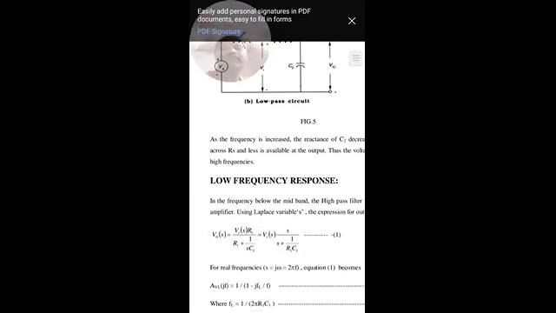You will see the calculation of bandwidth of multi-stage amplifier.